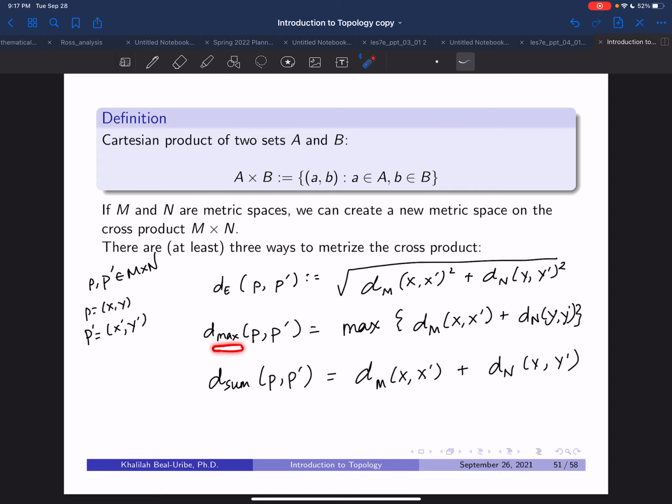For our max metric, we're just going to take the maximum, which is bigger, the distance in the X coordinate or the distance in the Y coordinate, right? And then the sum, of course, is we're just going to add up those distances. So these are all metrics on the cross product M cross N.